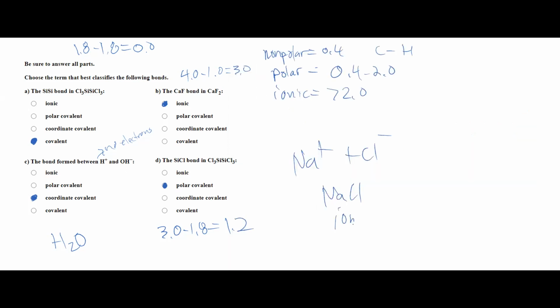And so that's what makes this an ionic compound, even though that bond is in some ways coming from the chlorine. The difference is when we look at the molecule that they form, right? So H plus and OH minus makes H2O, and that molecule is still covalent. And so this is a coordination covalent.